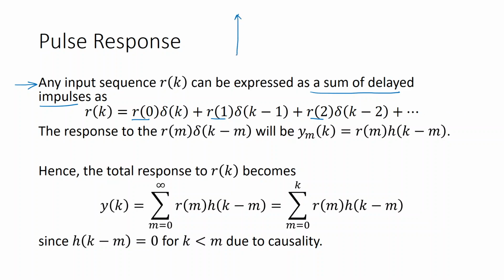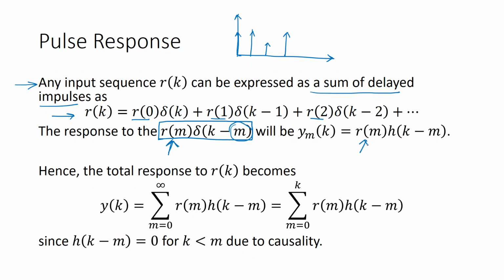So for only the impulse, this is only R0, but now we have another impulse here having strength R1, here having strength R2, here having strength R3, like that. So it will go on. The entire sequence can be represented as a sum of delayed impulses, and the response to any particular impulse delayed by m has a weight.